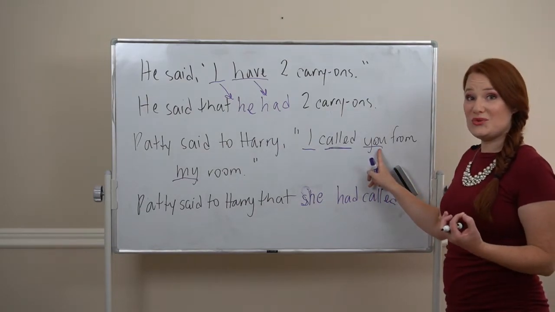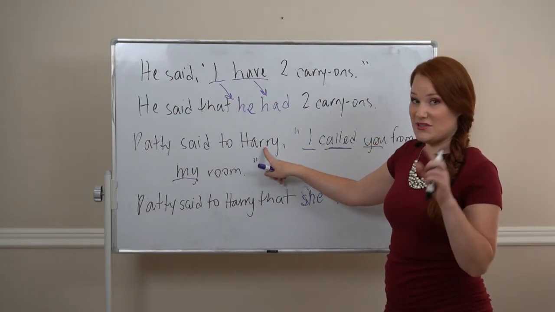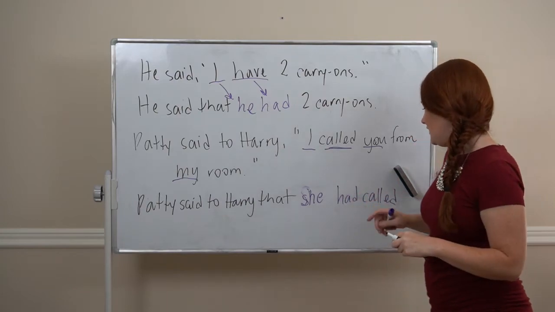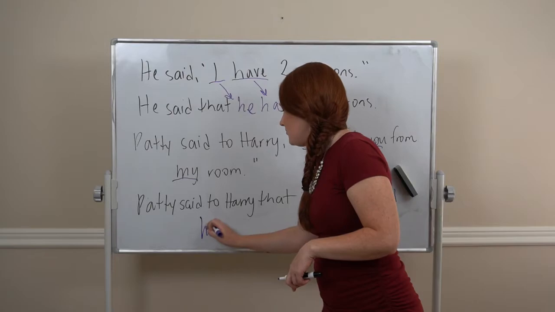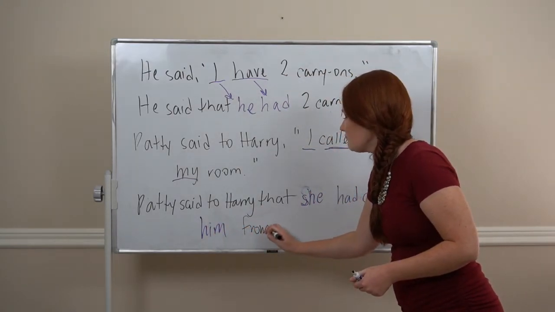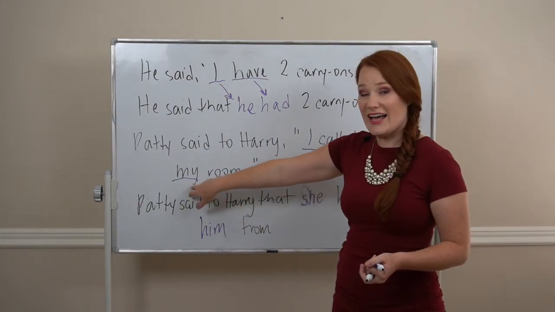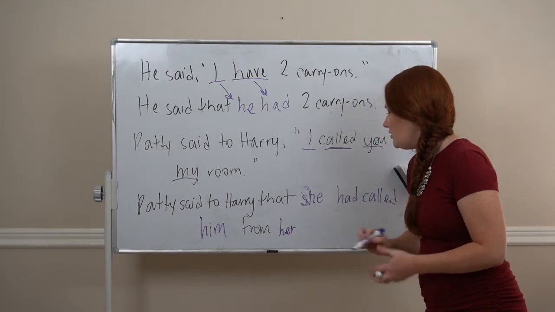Who is you in this quote? Harry. I'm telling you about Harry. I'm going to use him. She had called him. From, again, my is referring to Patty, so I would say her room.